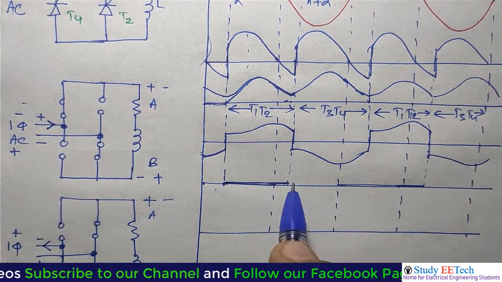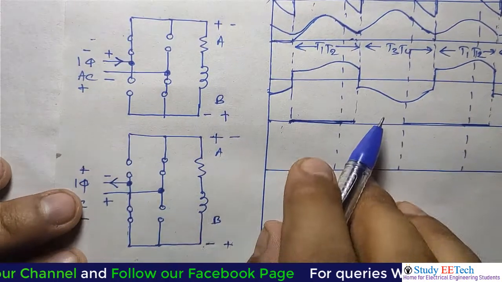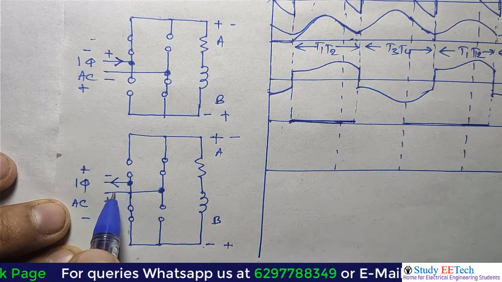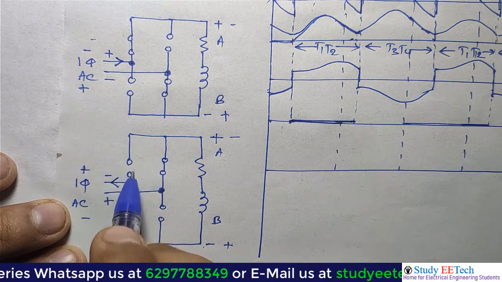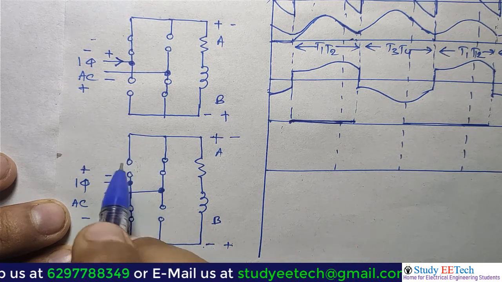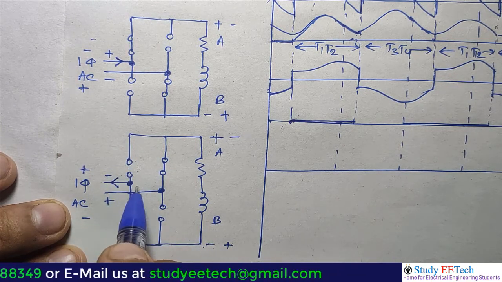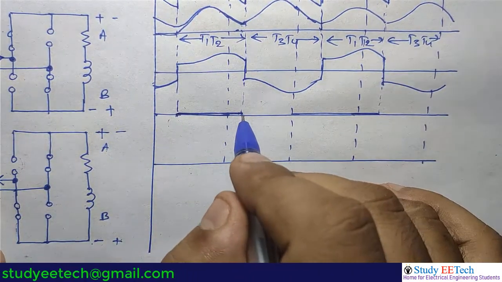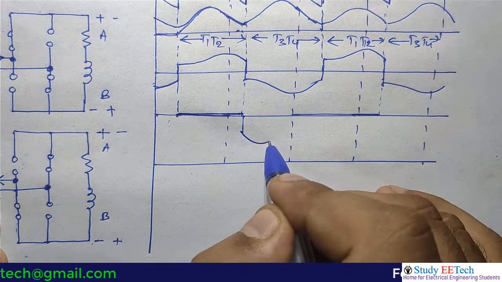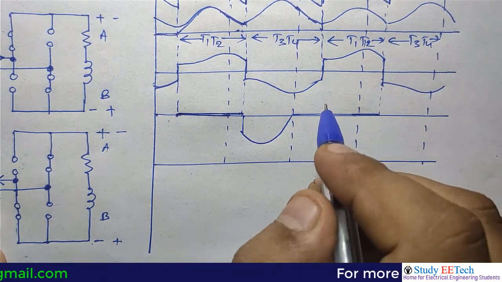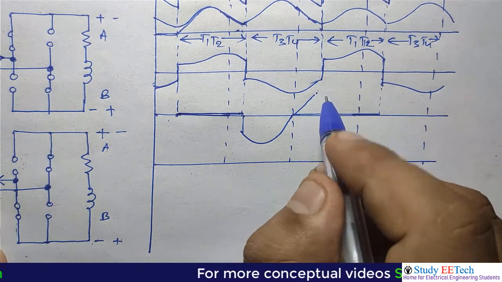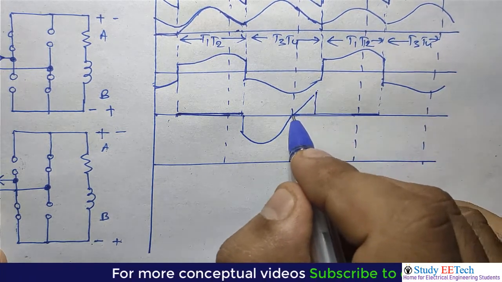At this point, T1, T2 is off and T3, T4 is on, meaning this situation. And the polarity is negative and positive. This positive voltage is appearing here. So it is having a reverse voltage, the supply voltage has been reversed here. I mean the supply voltage is appearing as a reverse voltage across this T1. So we will get voltage something like this until T1, T2 is again triggered.